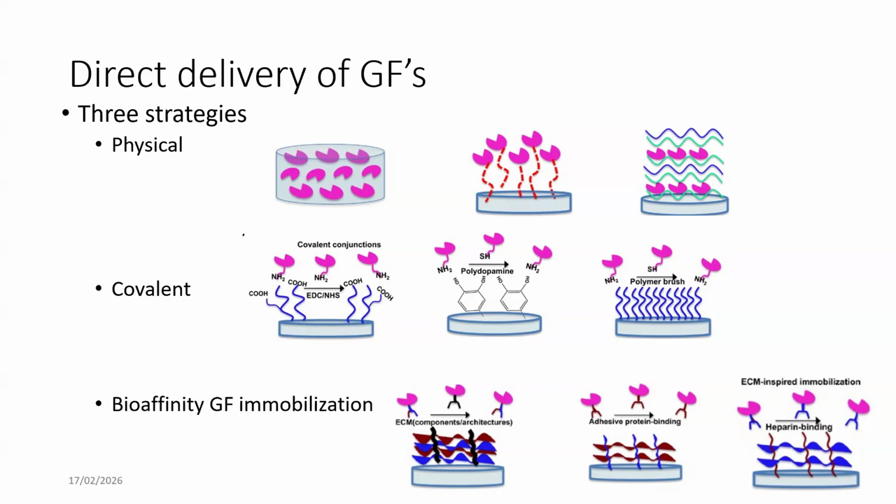Which one do you think is the weakest and which one is the strongest strategy to be used in, say, any bone tissue engineering? Bioaffinity is the strongest, covalent... and the weakest could be? Weakest could be covalent, and bioaffinity immobilization is strongest.